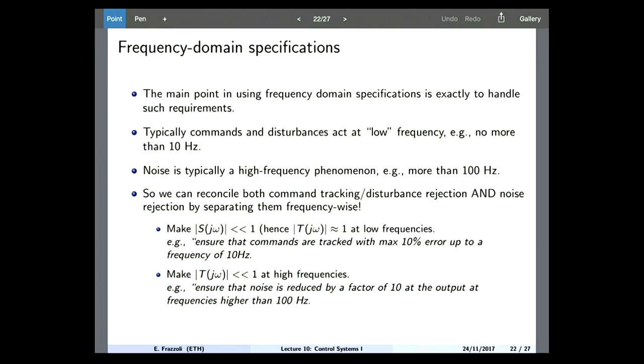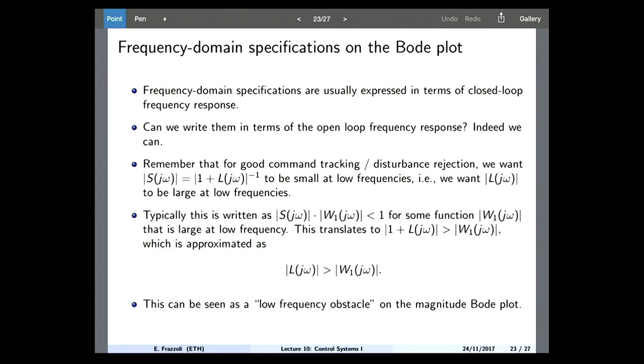That's noise. Anything that comes at a high frequency is noise, so it's fine with me to reject it. So what I will want is to make T small at those frequencies. And it's fine with me to have S large at those frequencies because I know these are not pilot commands anyway. And this is exactly how you resolve this.